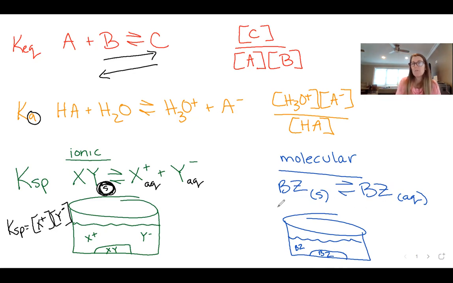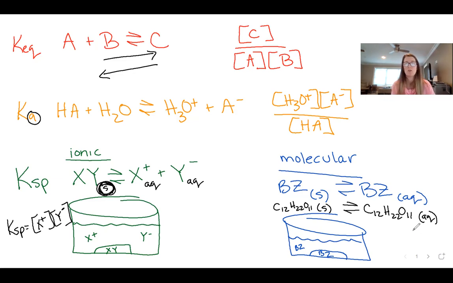So an example of that would be sugar. If I had sugar, C12H22O11, and I try to take some solid sugar and put it in water, a certain amount of sugar will actually dissolve, but we're not going to see this molecule dissociate.